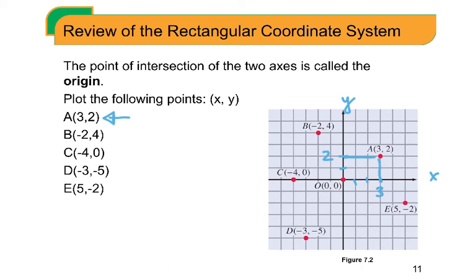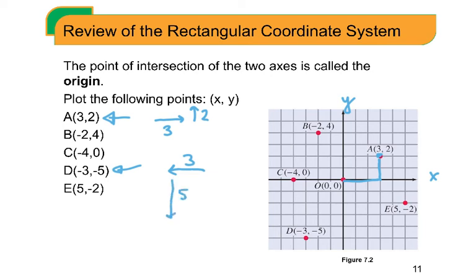Another way to look at this ordered pair is this tells me to go to the right 3 units and go up 2 units. So if I go to the right 3 units and up 2 units, I arrive at my destination, point A. So let's look at point D. What does it tell me to do? It says go to the left 3 units and go down 5 units.